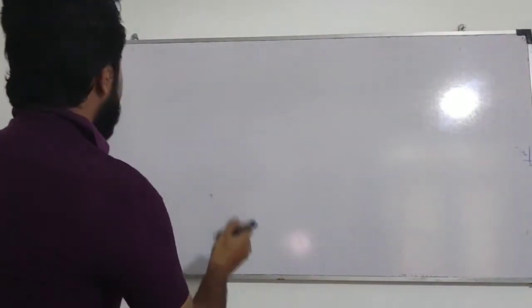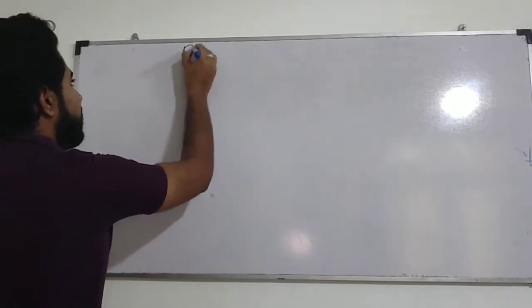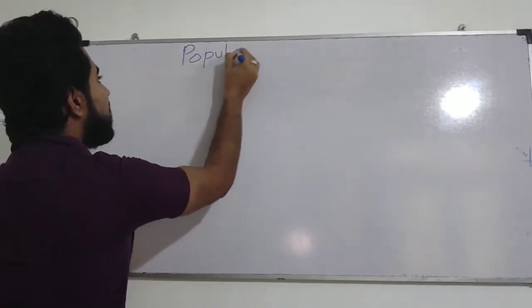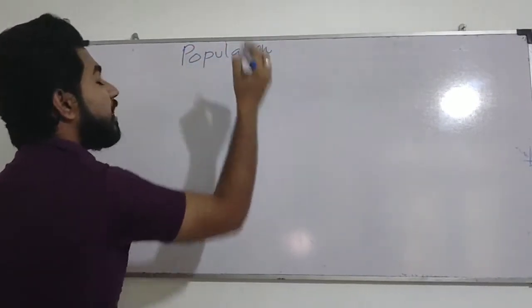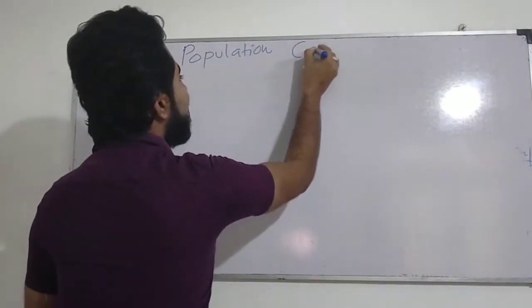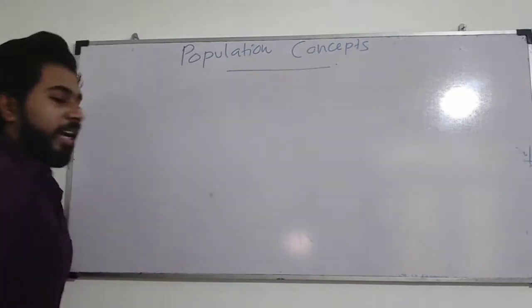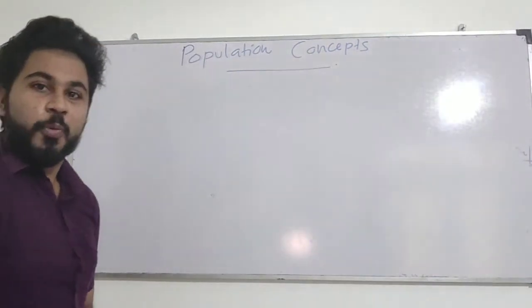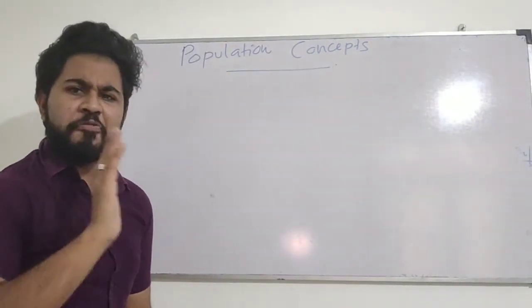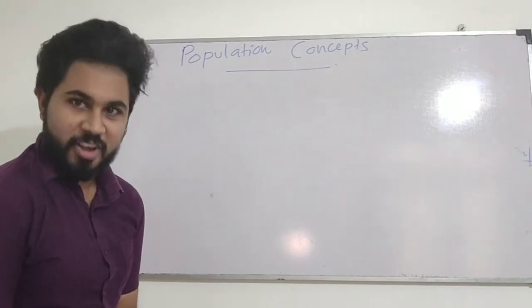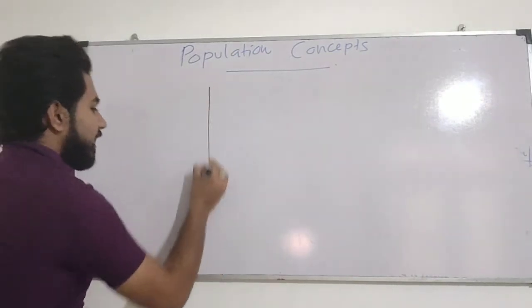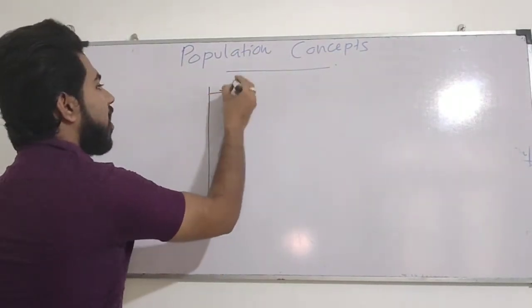Population concepts means basically population related rates. In this lesson, we are going to discuss 5 main population related concepts. So what are the 5 main population related concepts?